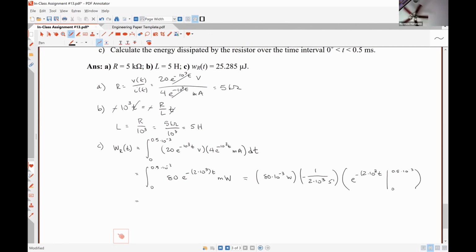And then I'm going to have that multiplied by e to the minus 2 times 10 to the +3, and then my time there is 0.5 times 10 to the -3.